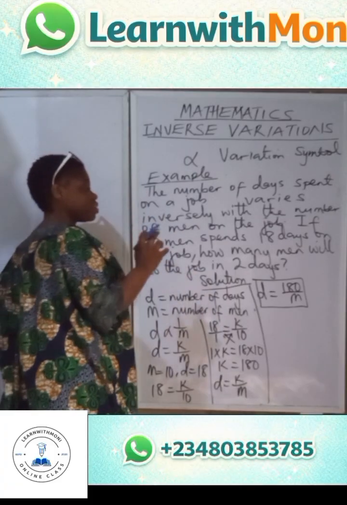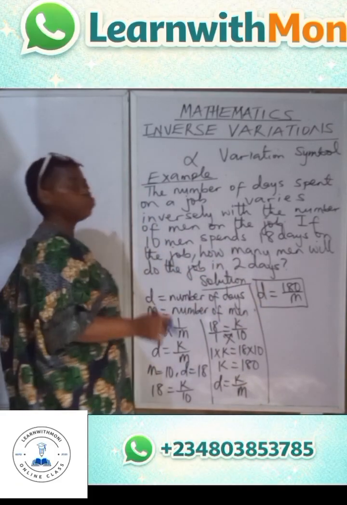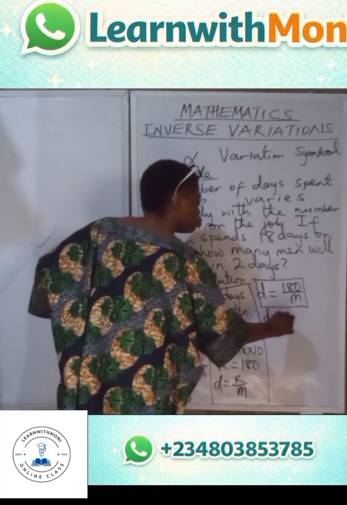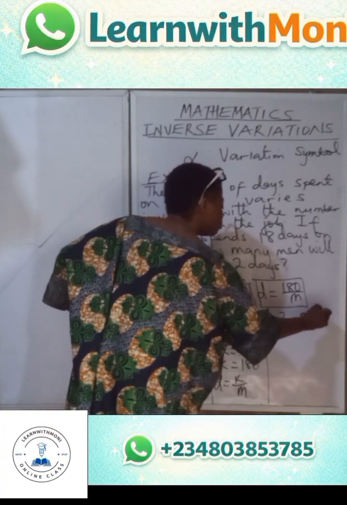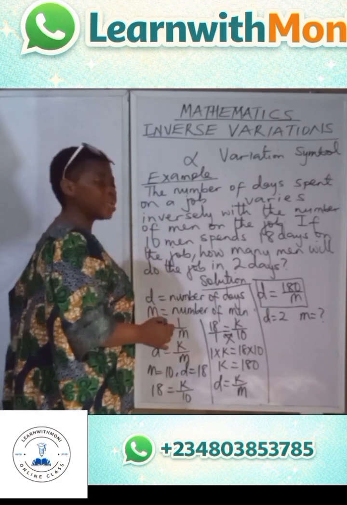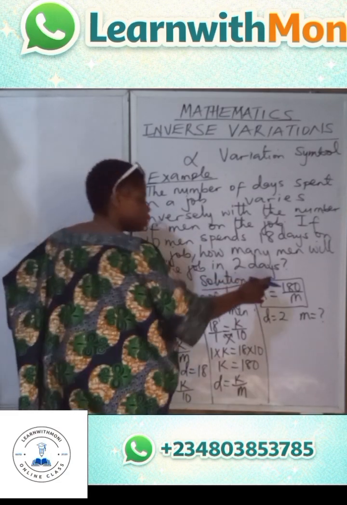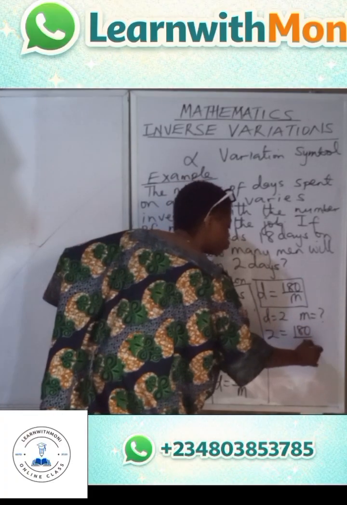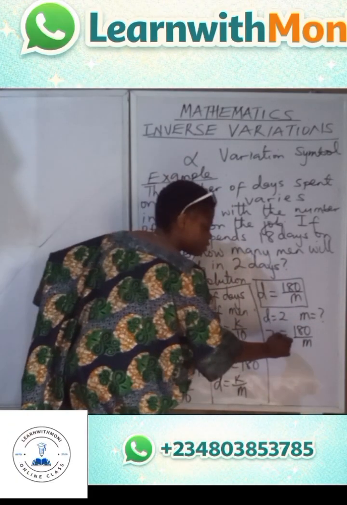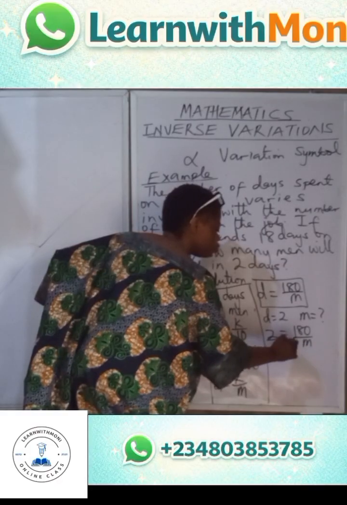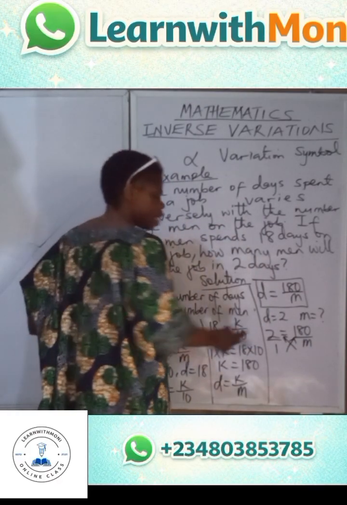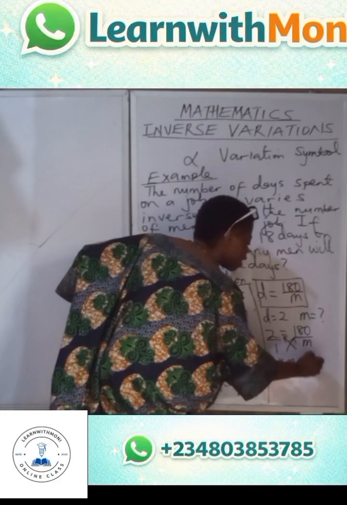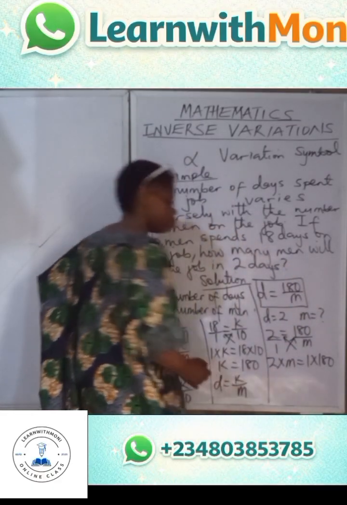Now the question is asking how many men will spend 2 days on the job. That means when D is equal to 2, find M. Let us find M. D is 2 and 180 over M. We need to get M. Let's take cross multiplication to remove the denominators. So we have 2 times M equals 1 times 180.